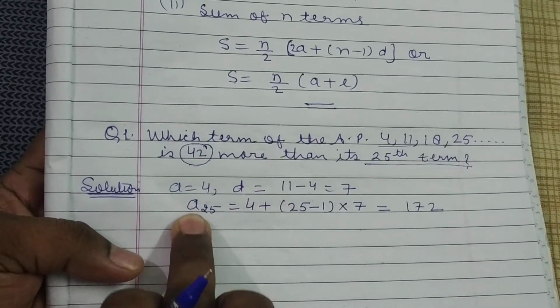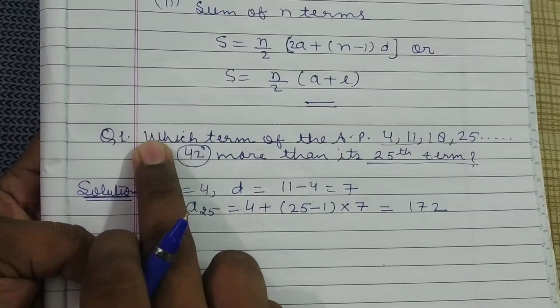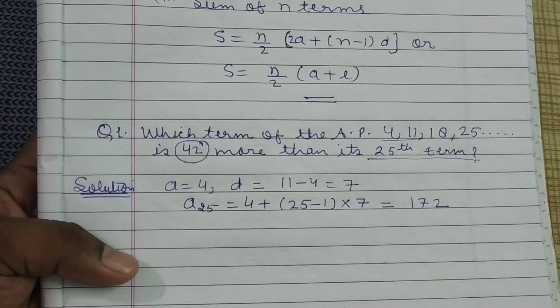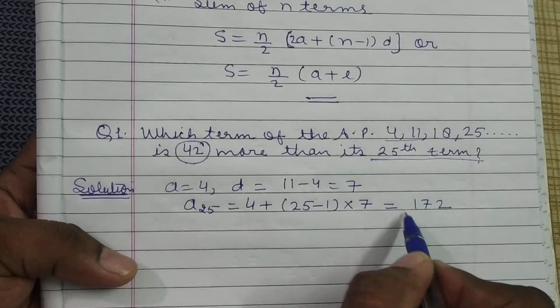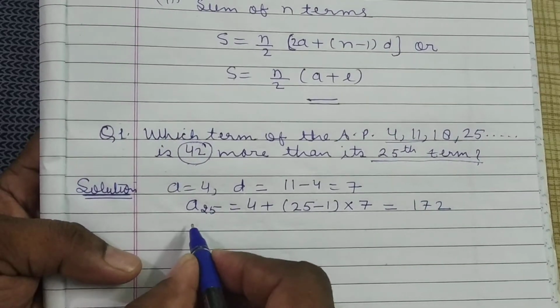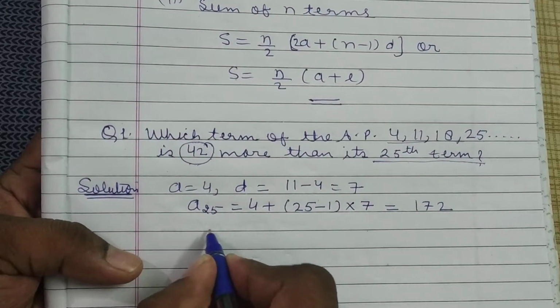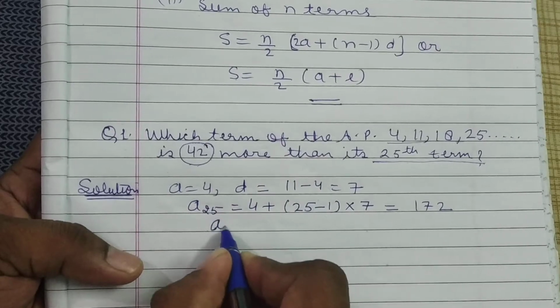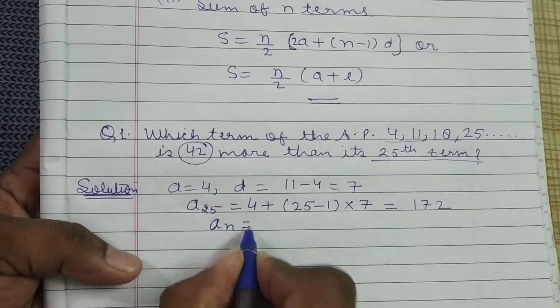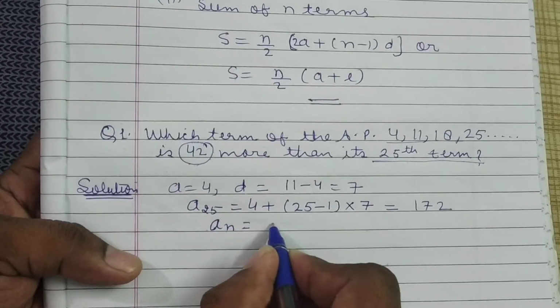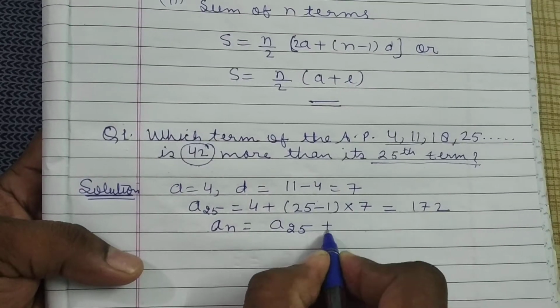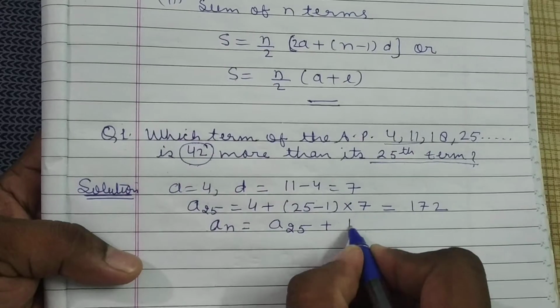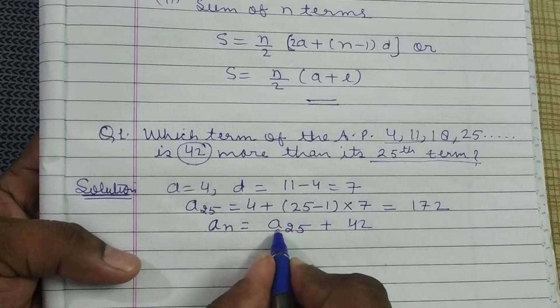Here is the 25th term, and what is given in this question? You have to calculate the term whose value is 42 more than this. Given that the nth term an is 42 more than its 25th term.